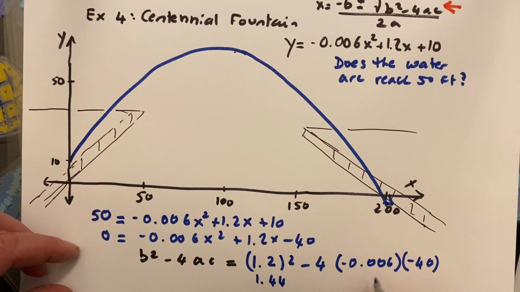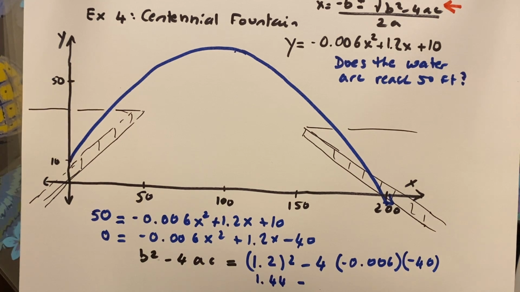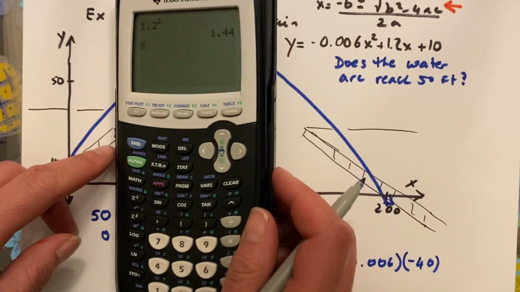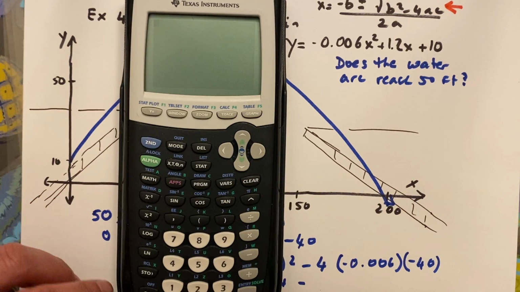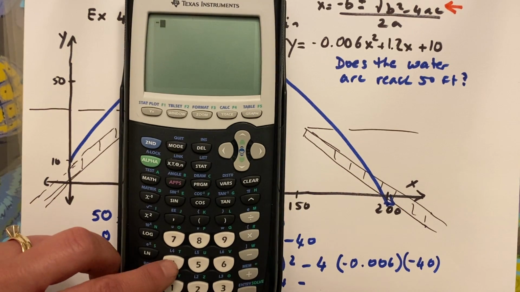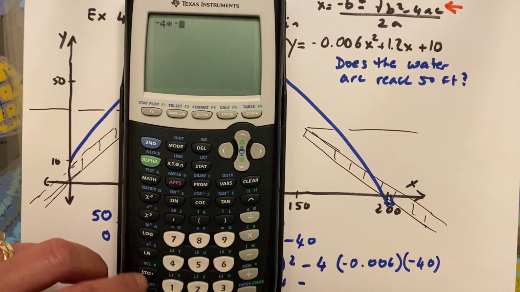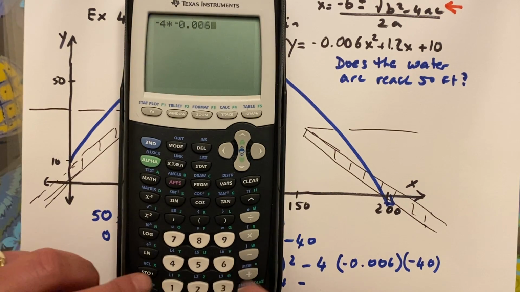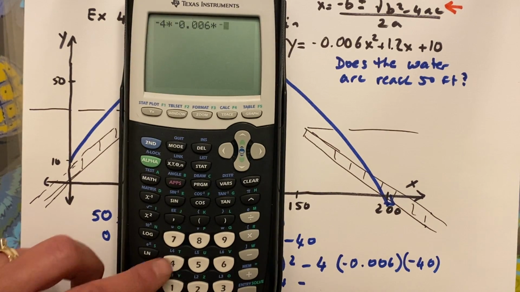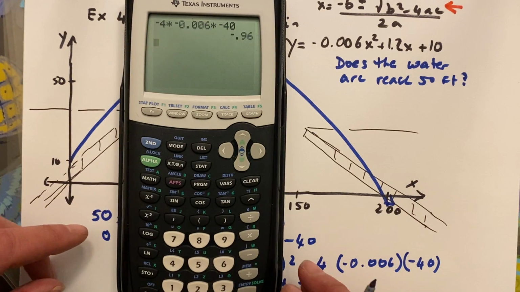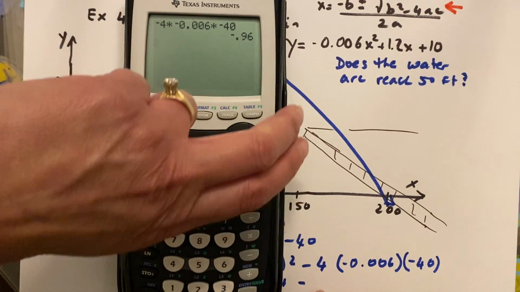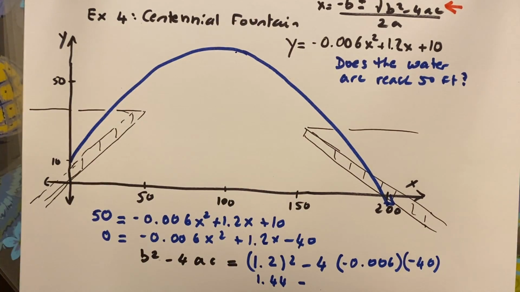And this is going to be a negative number because negative times negative times negative, you have an odd number of negatives, right? So you're going to end up with a negative number. And if I just use my calculator, I get negative 4 times negative 0.006 times negative 40 and I get negative 0.96. So minus 0.96.